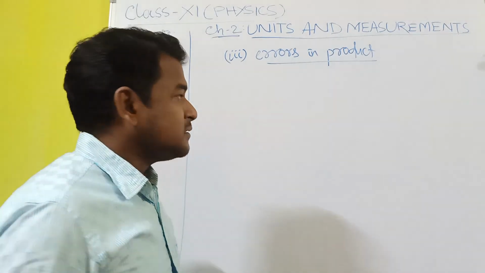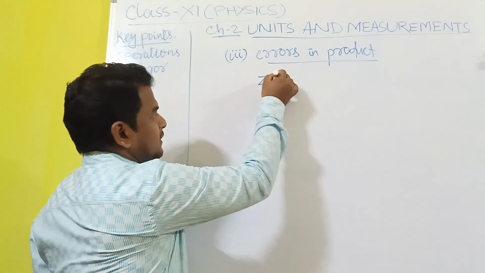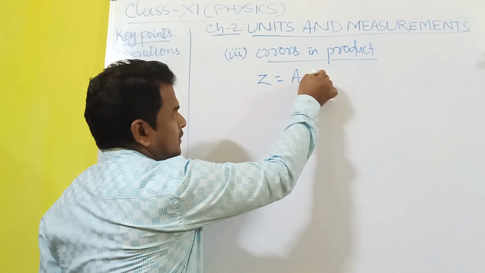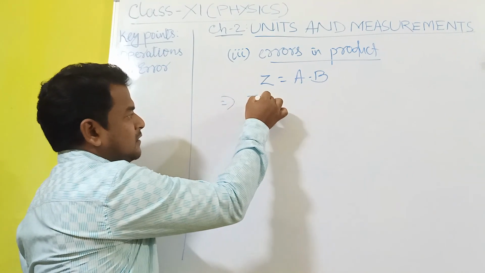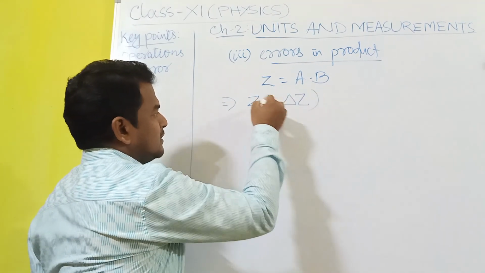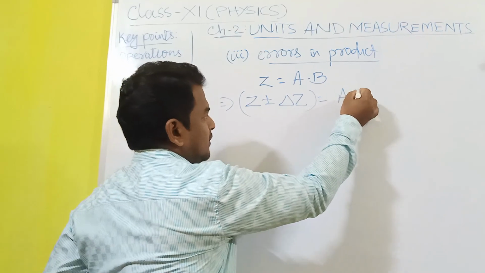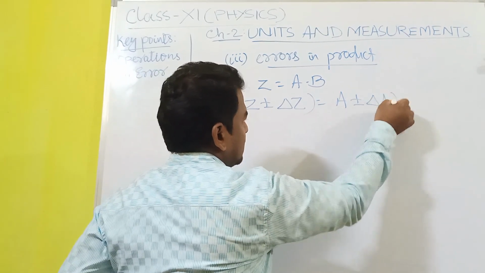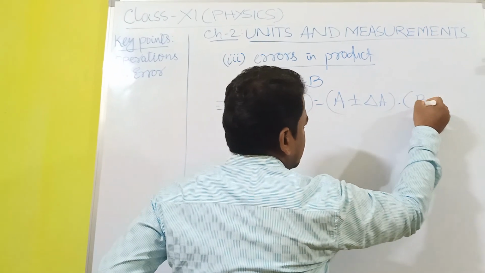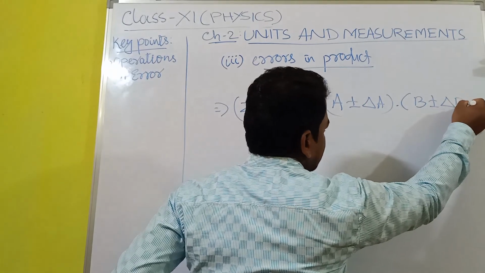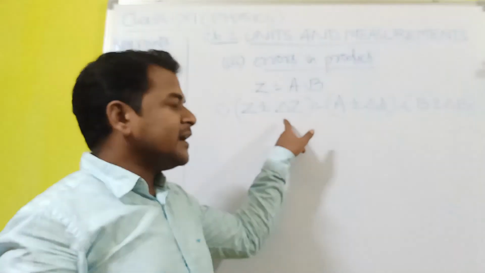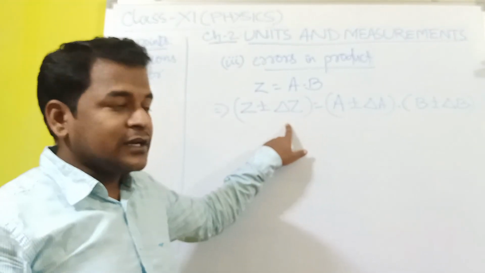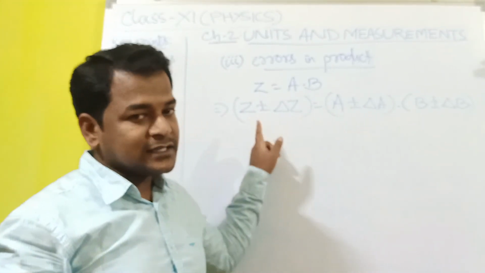Errors in product. Z equal to A dot B. Now in the error format, this will be Z plus minus del Z equal to A plus minus del A into B plus minus del B, where del A, del B and del Z are the absolute errors of A, B and Z respectively.